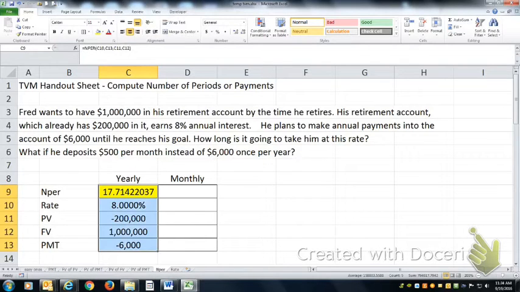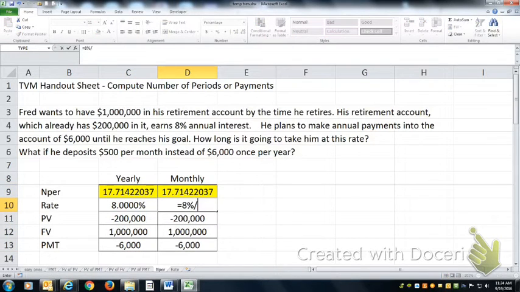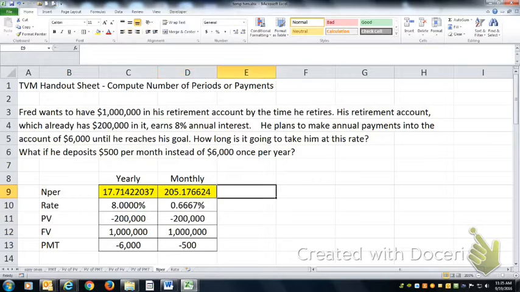Alright, if I convert this into monthly, it won't be 8% a year, it'll be 1/12 of that, and it won't be $6,000, it'd be $500. That would be 205 months.